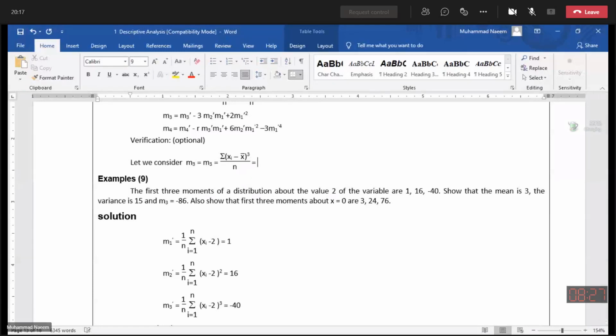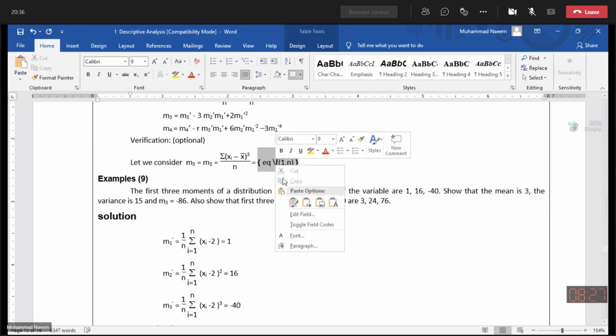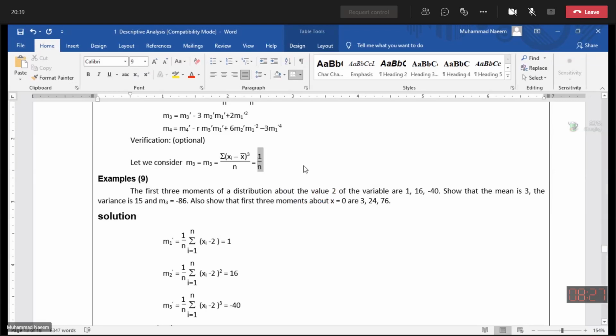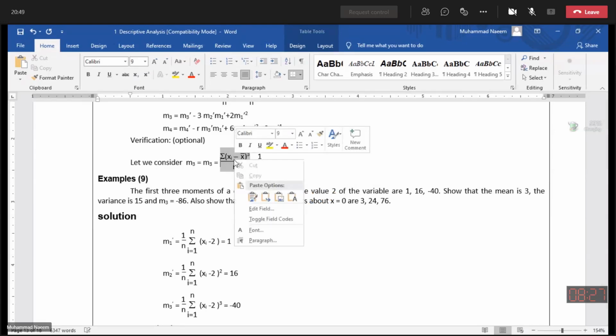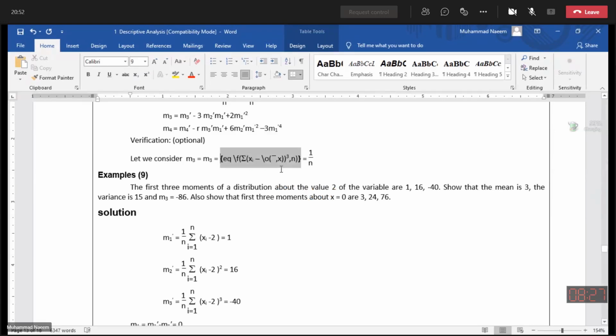We can express it by taking 1 over n outside and rest of the expressions are only sigma xi minus x bar cube.